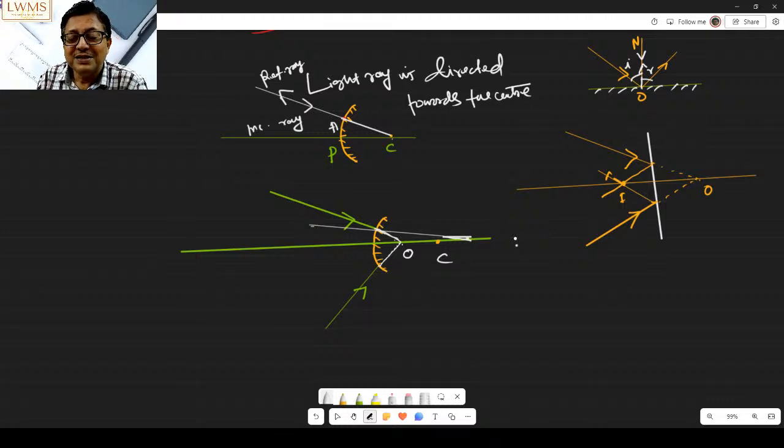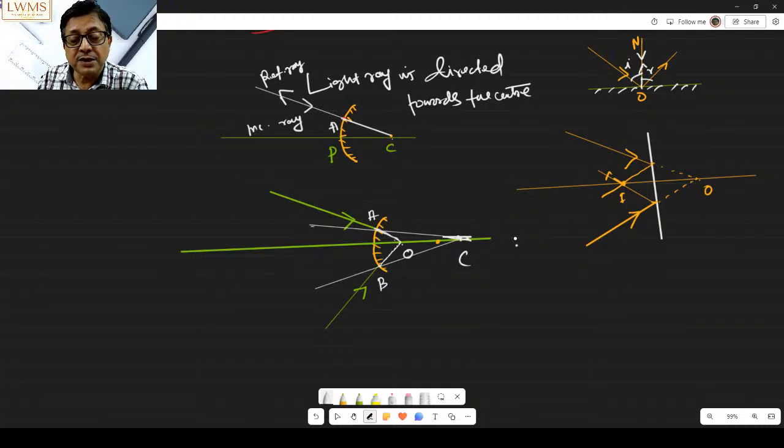This is the normal. Take the center a bit away. Let me explain. This is the center, and here also you have to draw the normal at this point. This point is say A, this one B. Normal you have to draw here also. C to A and C to B.